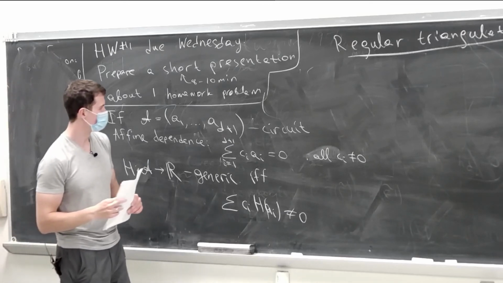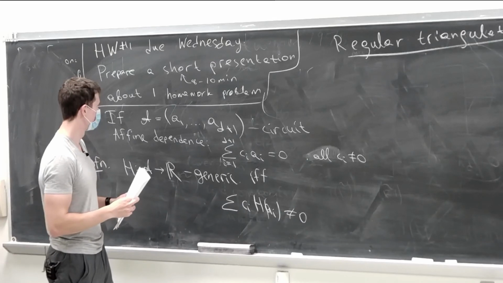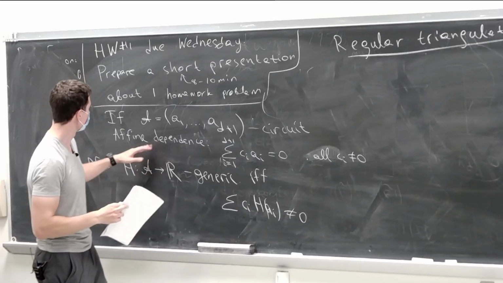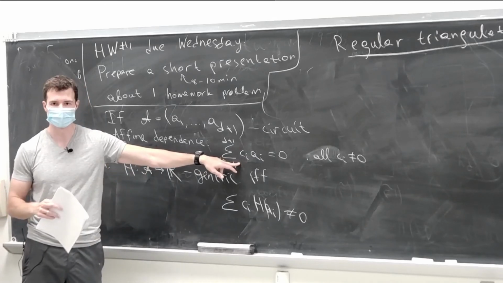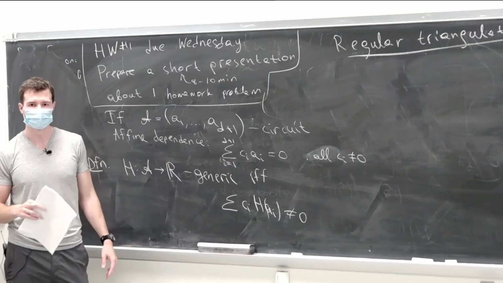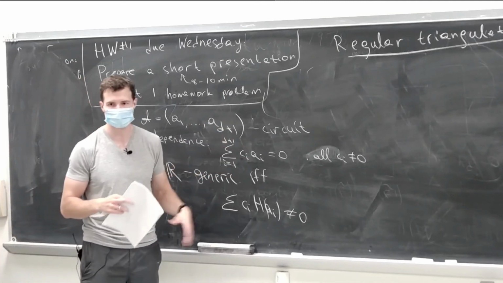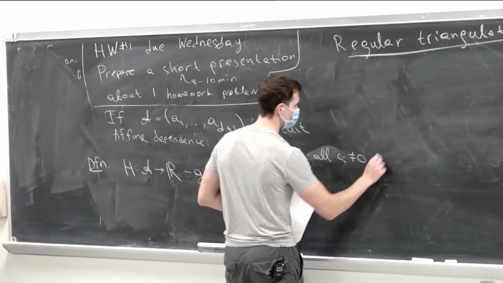I mean, certainly if they are affinely independent, then this should be true. But you're right, the sum of the Ci should be equal to 1. Maybe I should write it down.